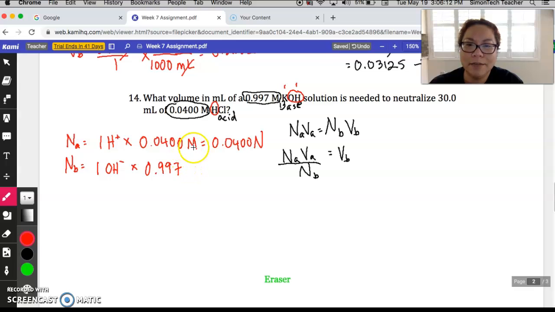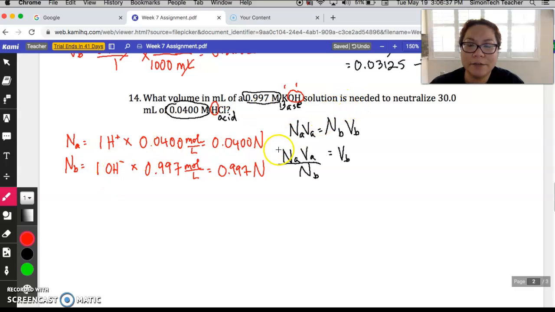Okay? Oh, and don't forget that molarity is also moles per liter. So capital M is also moles per liter. So again, this is also another one that's 1 times the molarity. So it'll be 0.997 big N for normality, and that would be for your base.